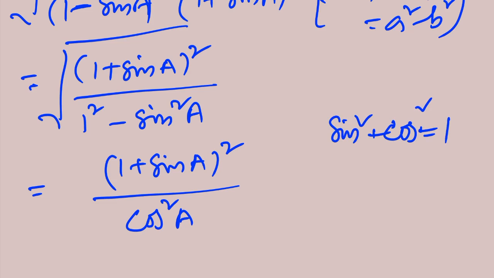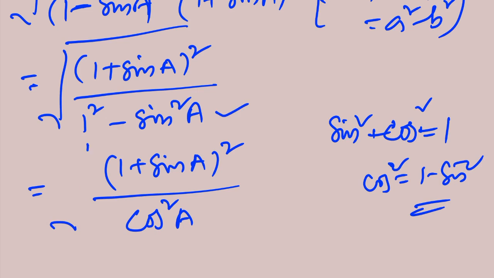So if you want cos square, you can write 1 minus sine square. So according to this, 1 minus sine square is equal to cos square, all under root.